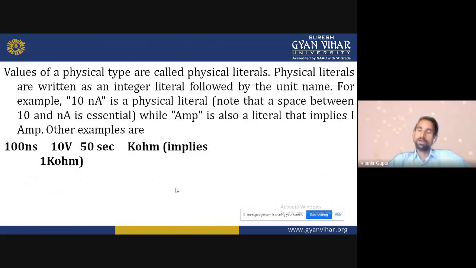Note that the space between 10 and nanoampere is essential. Without the space between 10 and nanoampere, it is not permissible. An ampere alone is also a literal that implies 1 ampere. Other examples are 100 nanoampere, 10 volt, 50 seconds, kilo ohms, and 1 kilo ohms.